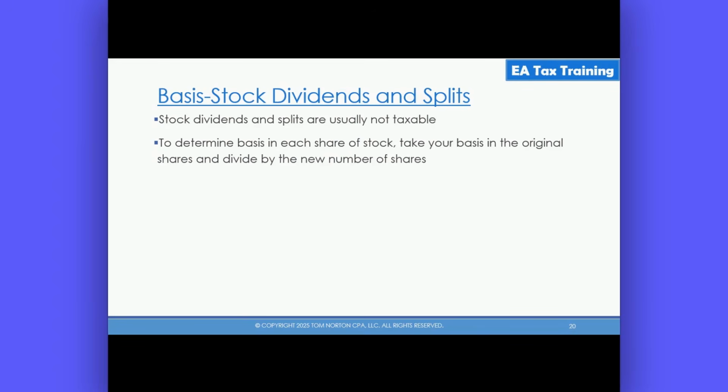Stock dividends and stock splits are usually not taxable income, but they do change your basis in the asset. So to determine the basis in each share of stock after you've had a stock dividend or a stock split, you take your basis in the original shares and you divide by the new number of shares.